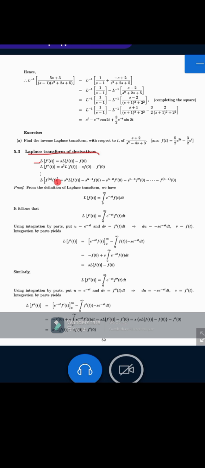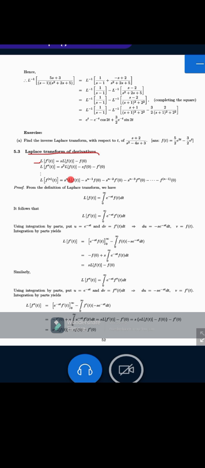And then in general, if you're asked for any derivative, be it the fifth derivative, 10th derivative, you will always be using this formula.